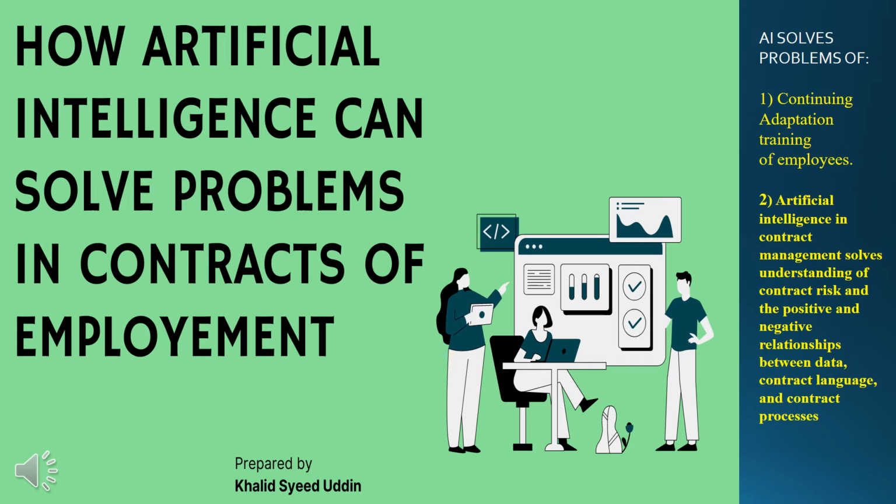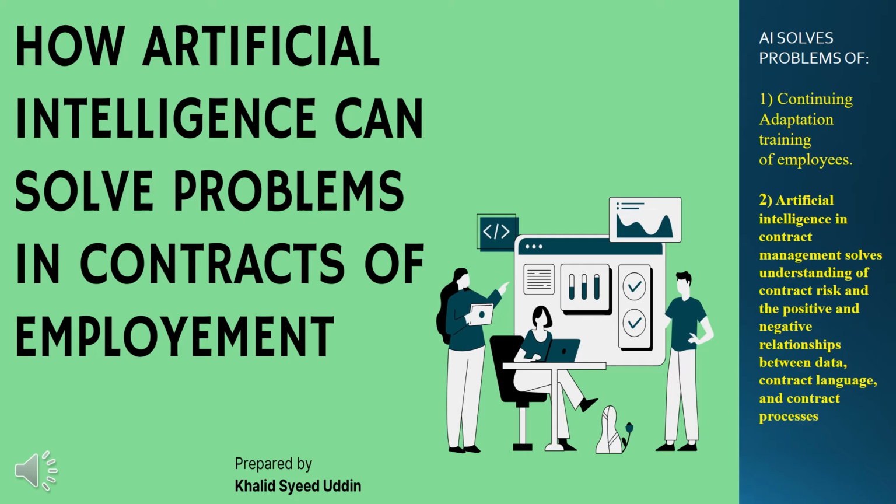Now I will explain how AI can solve problems of contract of employment. Artificial intelligence allows a firm to manage its contracts more effectively because it knows and can easily access what is in each of them. It can quickly sort through a large volume of contracts and flag individual contracts based on firm-specified criteria.